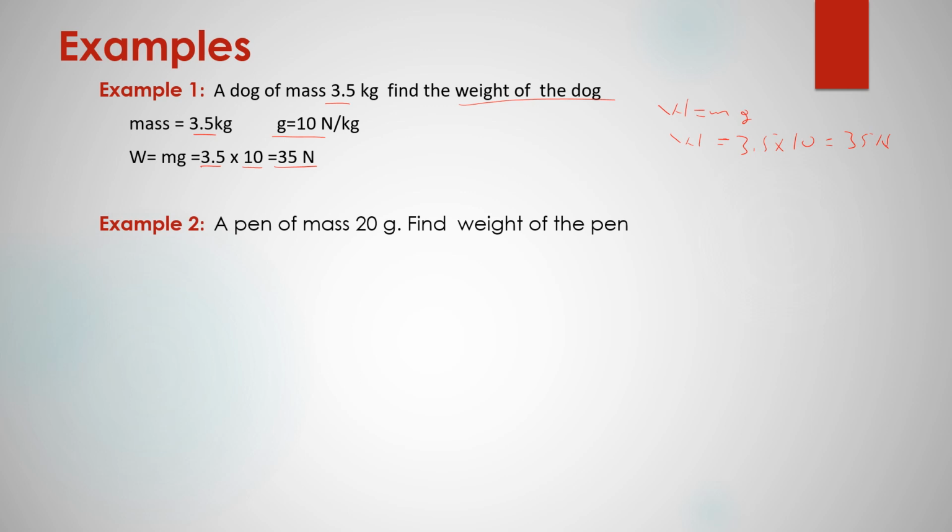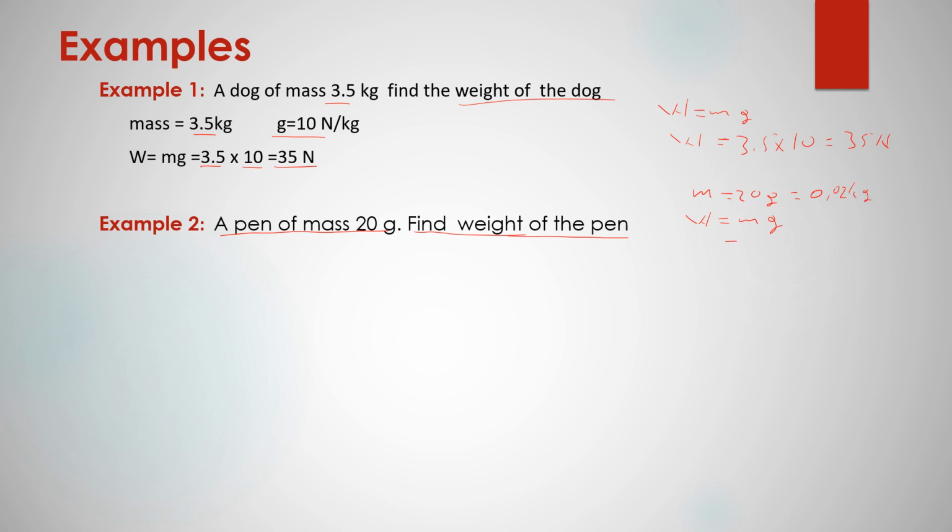Question number 2, a pen of mass 20 gram. Find the weight of the pen. Again W is equal to mg, but here the mass is 20 gram, which is equal to 0.02 kilogram.